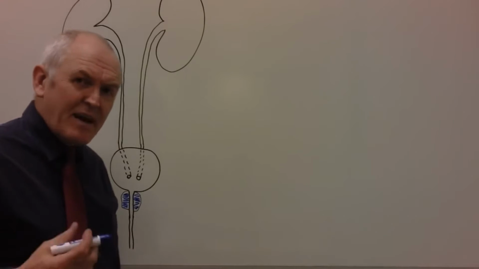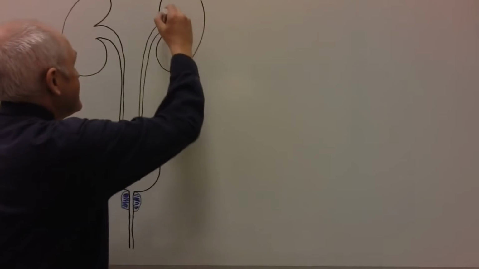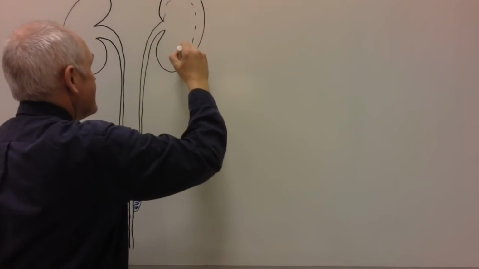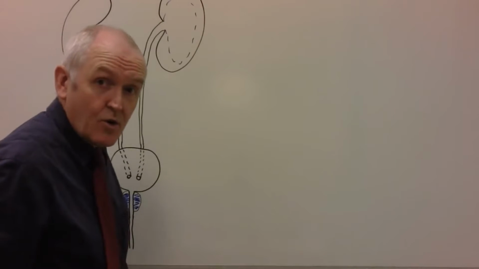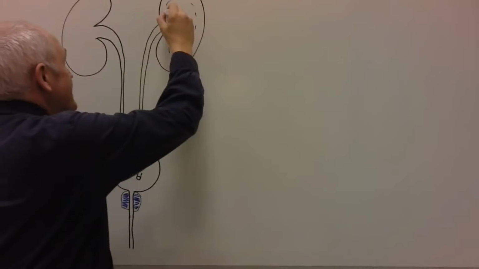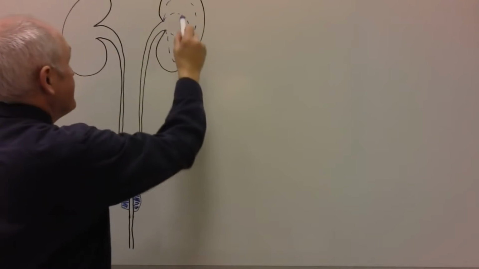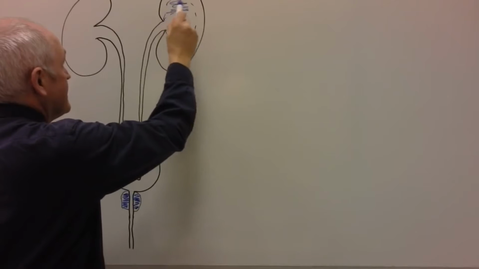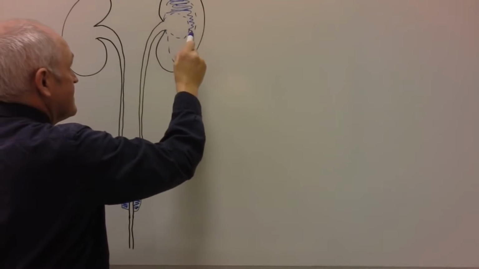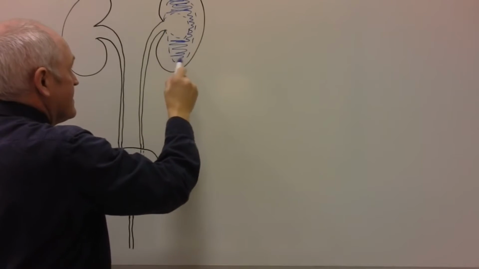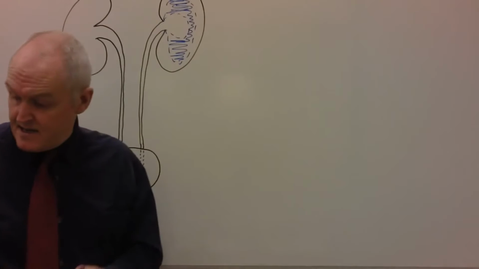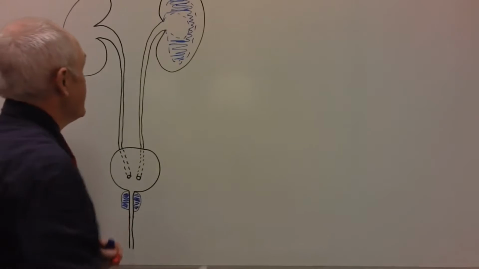Now the kidneys are basically in three layers. The outer layer is the cortex, and there's an inner layer, the medulla. So this would be the medulla area here, with the cortex around about the outside.